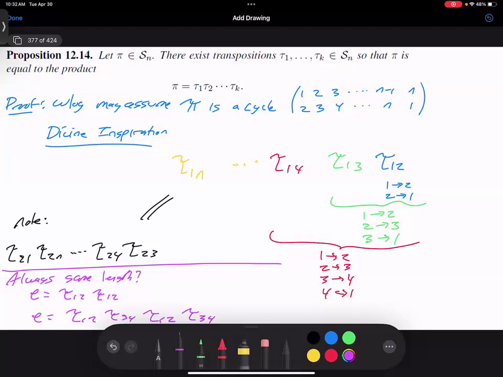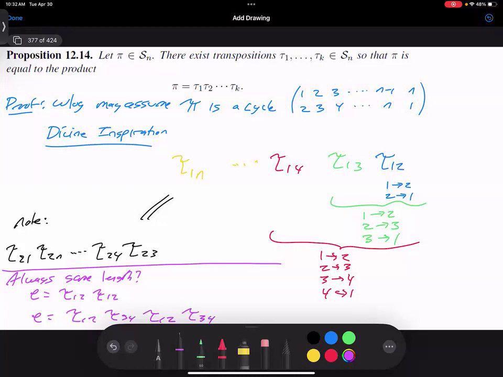And you could say, given any permutation, I could look at maybe the minimal product of transpositions. You might want the fastest route, and the fastest route could be either defined in terms of time or distance. I could say, take the permutation that has the fewest number of transpositions.